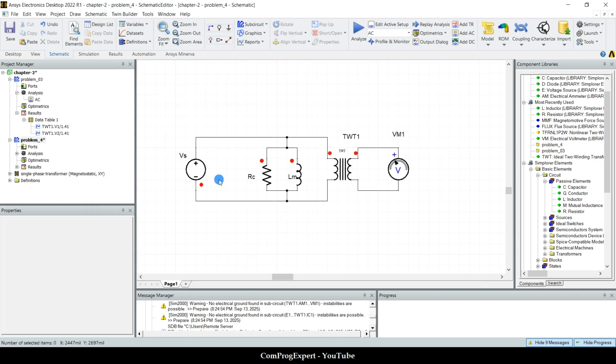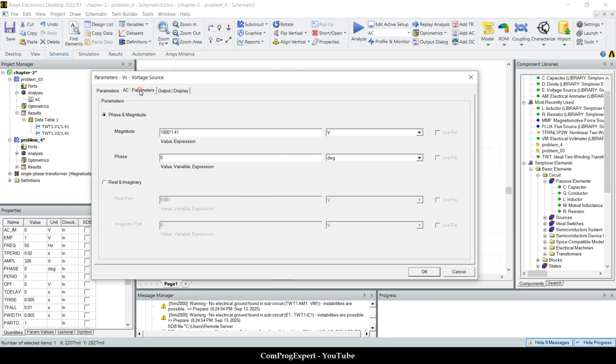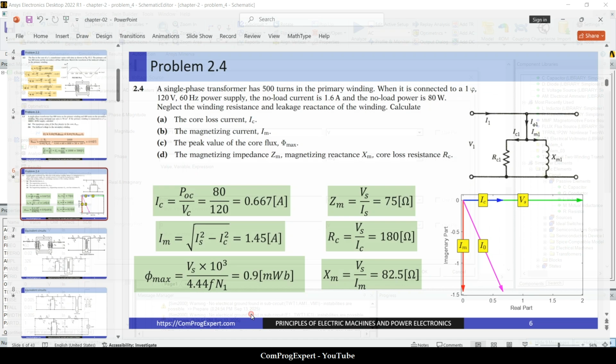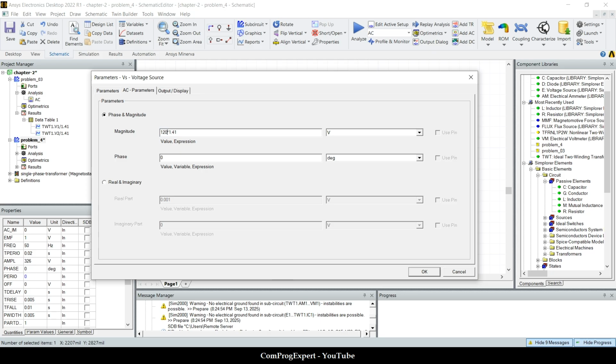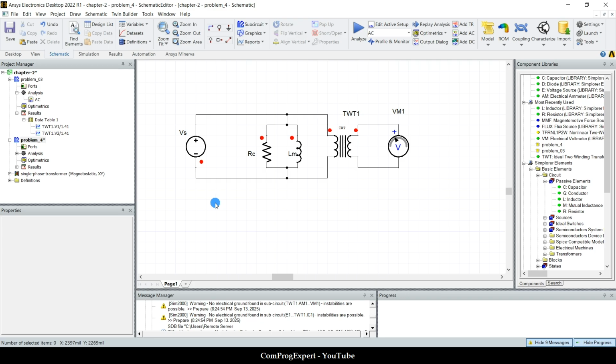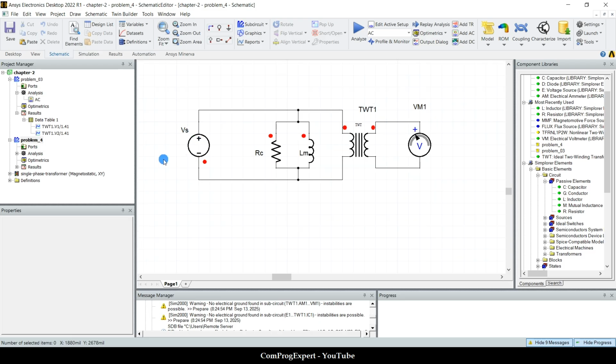Okay. So what is the amplitude of the voltage here? It was 120. That's all. We can run the simulation and calculate the current of the source, right?